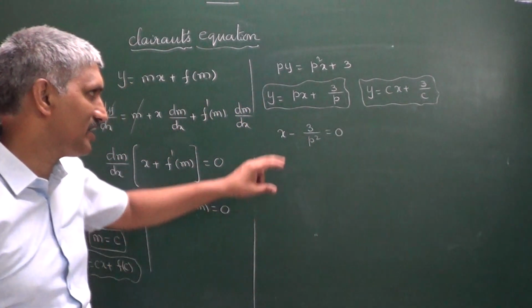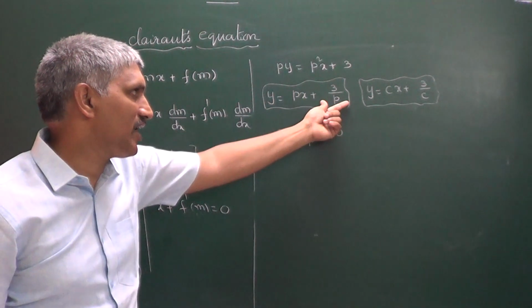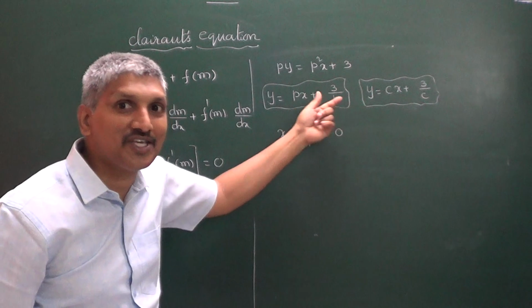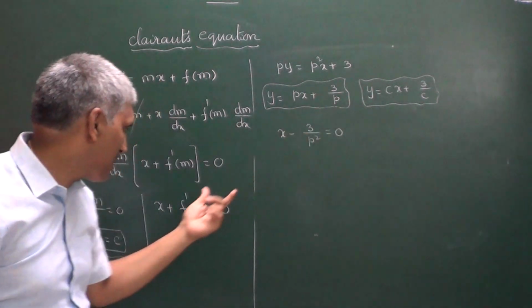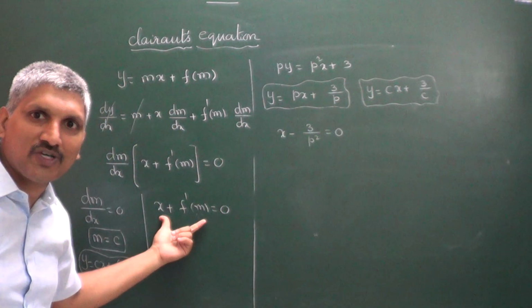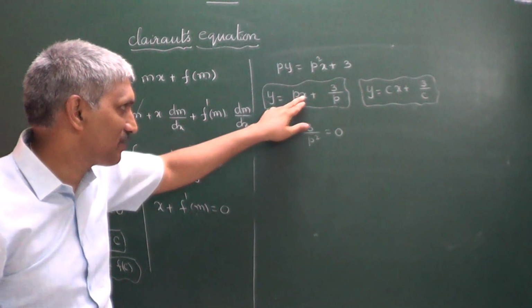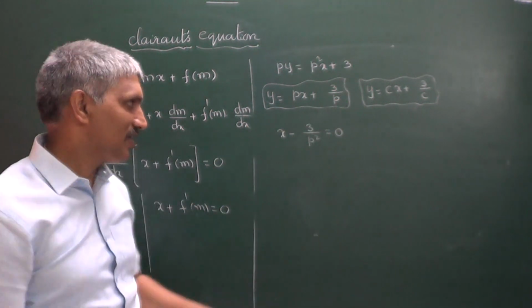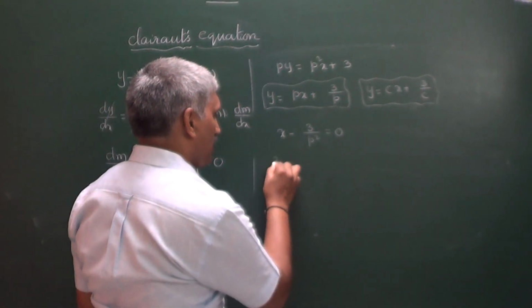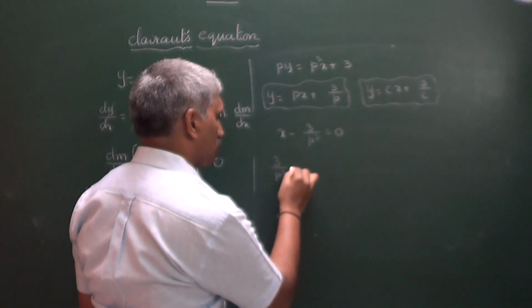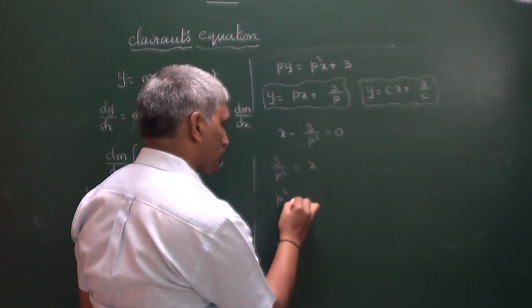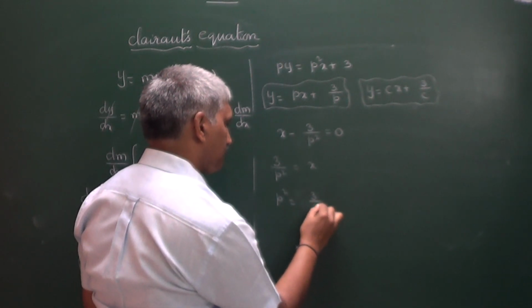That is nothing but x plus f dash of m. It is in the form of y is equal to mx plus f of m. We are getting x plus f dash of m is equal to 0, or not? That's why x plus f dash of p is equals to 0. Now I can write this as 3 by p square is equals to x. Therefore p square is equals to 3 by x.